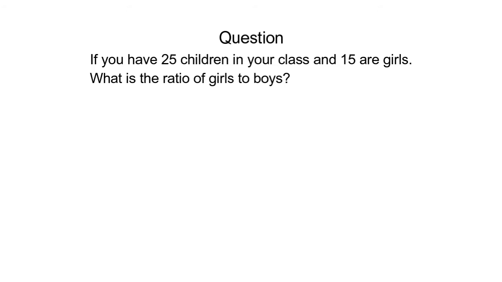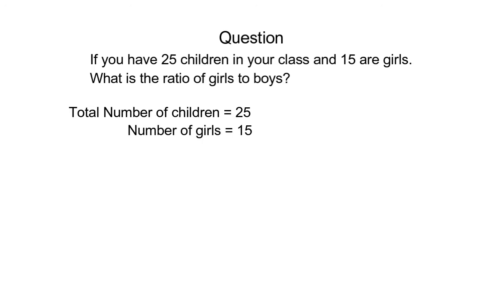Let's try one more question. It says, if you have 25 children in your class and 15 are girls, what is the ratio of girls to boys? We know that the total number of children is equal to 25. Number of girls equals 15. So to find the number of boys, we subtract 15 from 25. So we get 10.